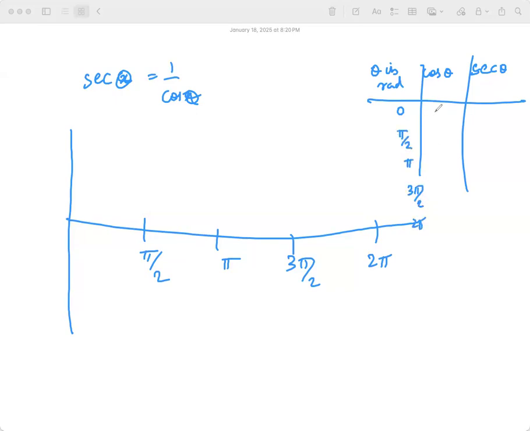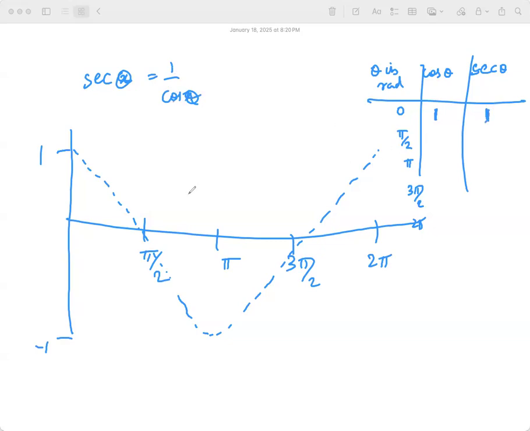Go ahead. Cos 0 is what? Cos 0 is 1. So secant 0, just plug it in, 1 by 1 is 1.